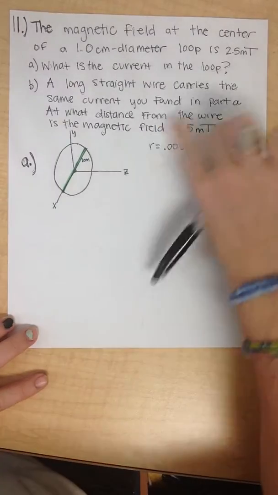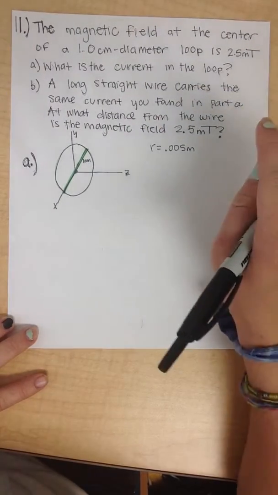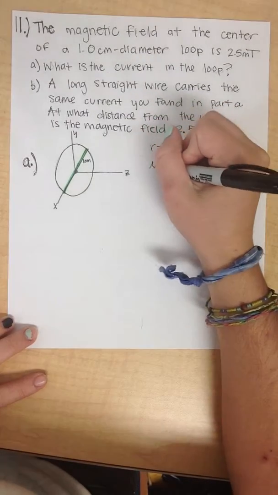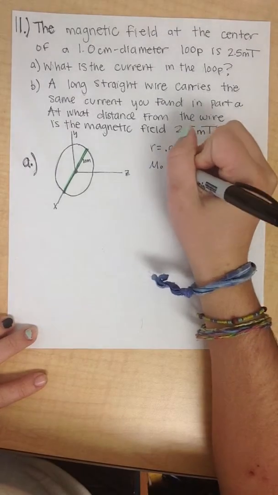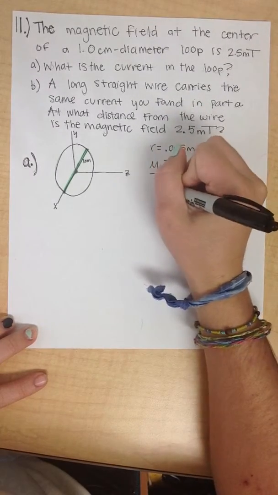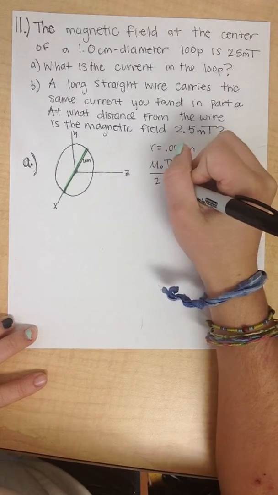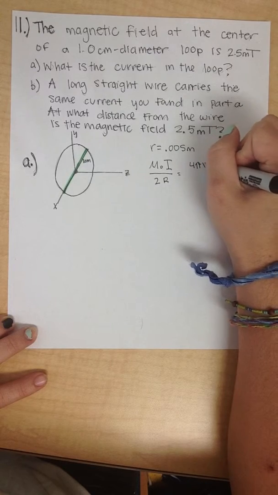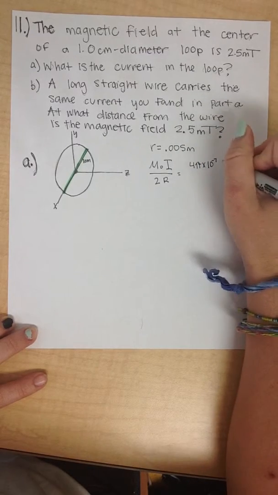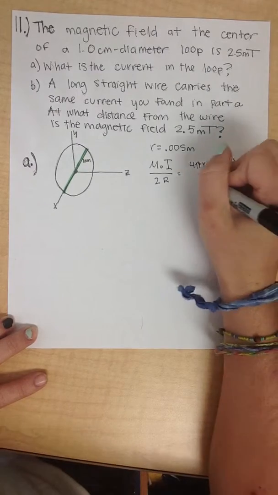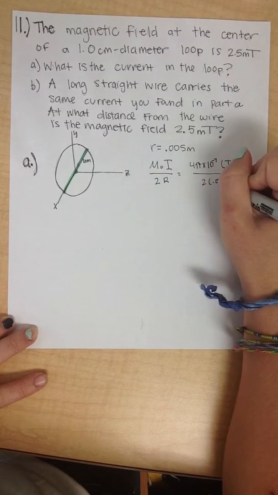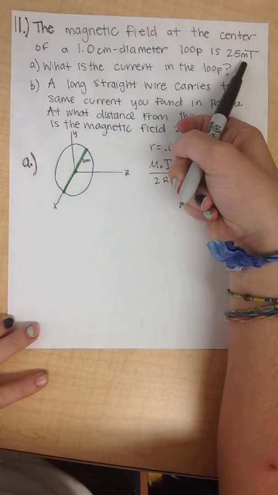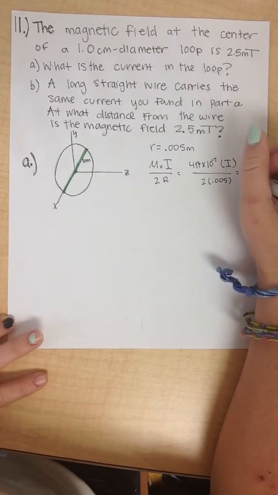And we know that the magnetic field of a ring equals mu naught times the current times 2 over the radius, which will give us 4 pi times 10 to the negative 7th times our current, which we're finding, over 2 times 0.005. And this equals our 2.5, but it's milli, so it's 10 to the negative 3rd.